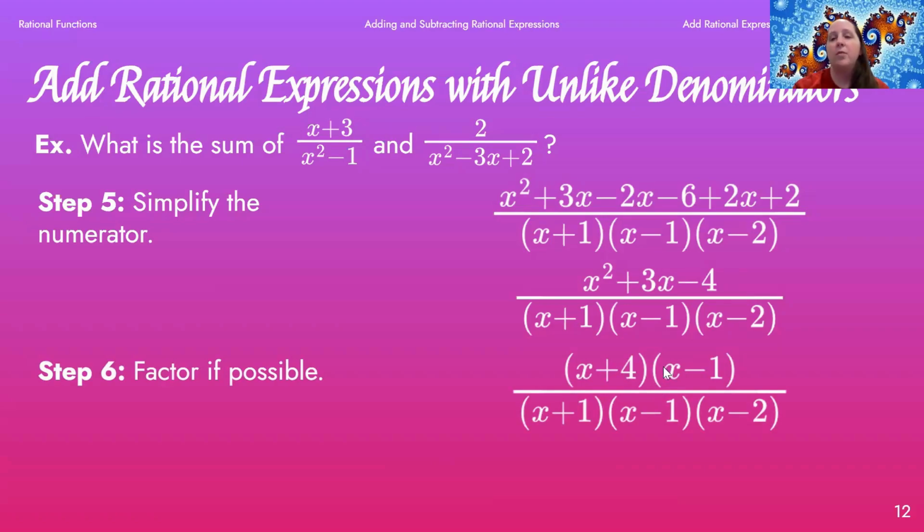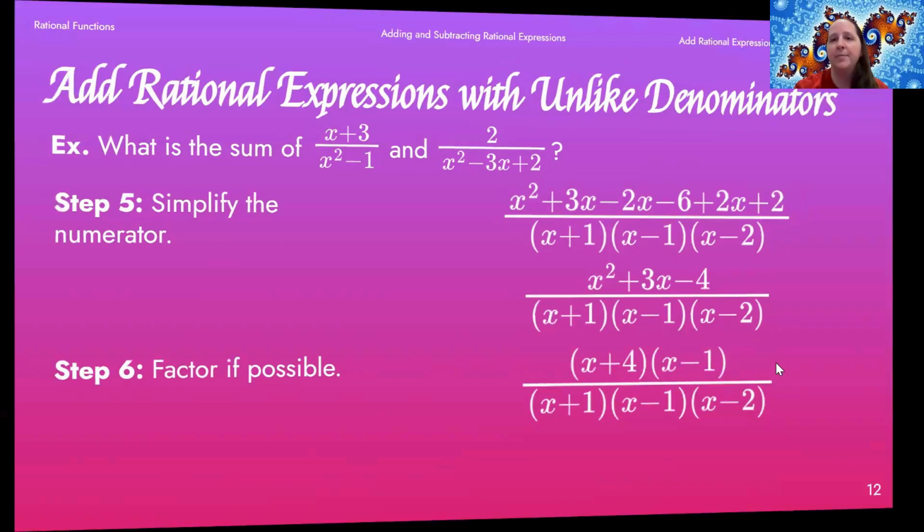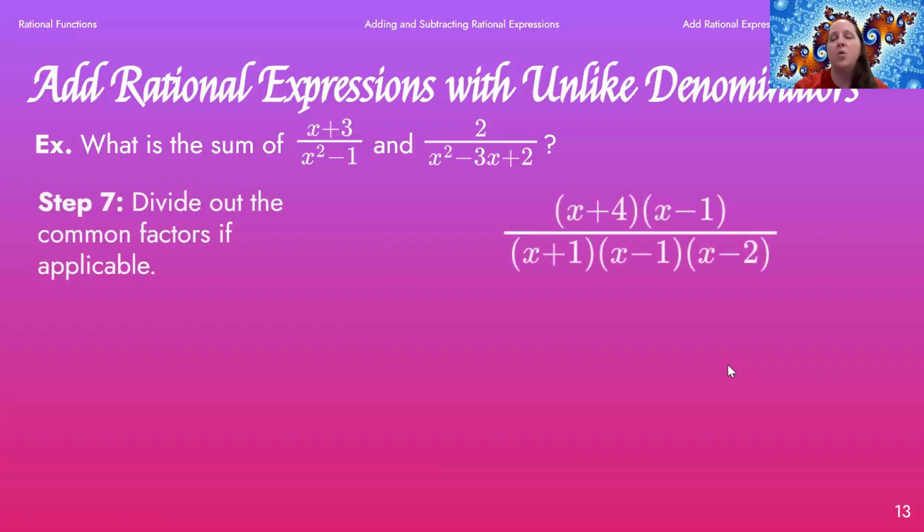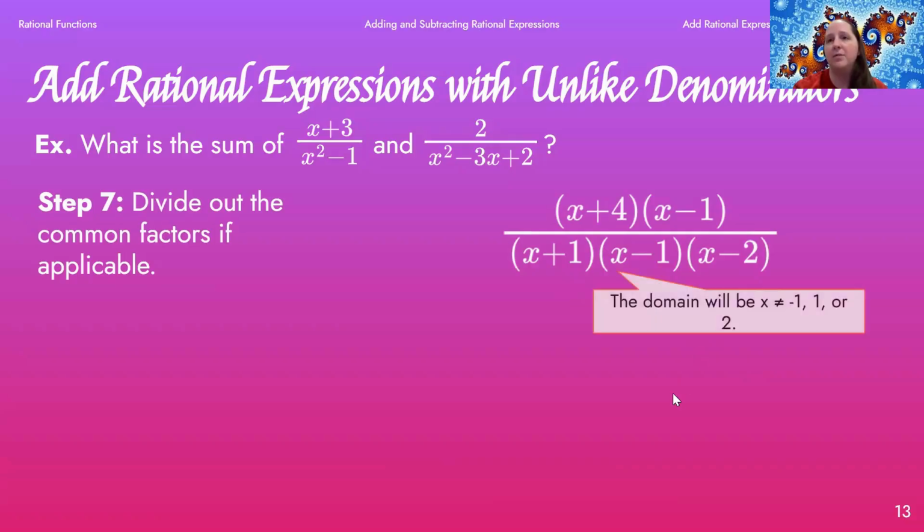Now, with previous examples that we've done, we can simplify this by canceling out this x minus 1 in both my numerator and my denominator. The only thing you want to think about, before you cancel anything, is your domain. Your domain in this case is x is all real numbers except -1, +1, and +2.